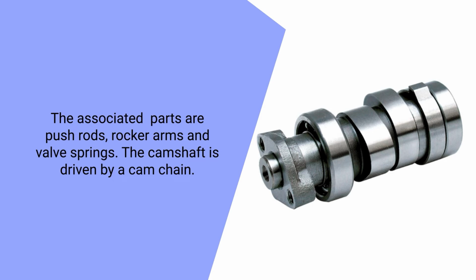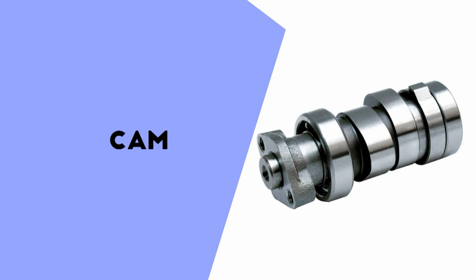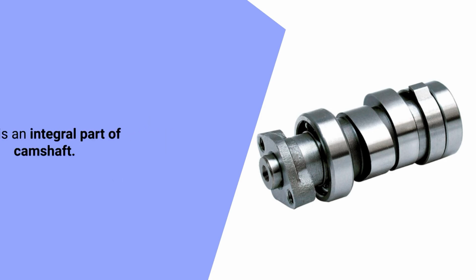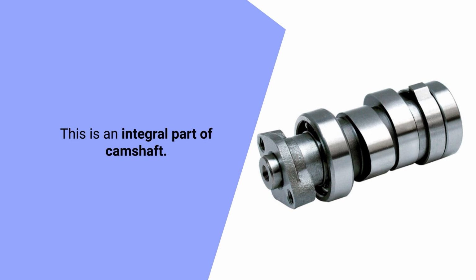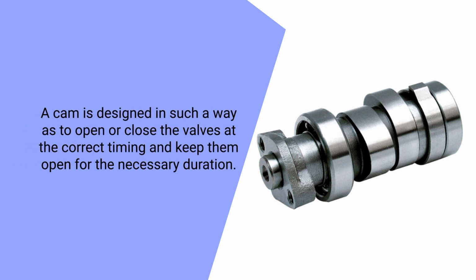The camshaft is driven by the cam chain. Now, what is a cam? A cam is an integral part of a camshaft, and it is designed in such a way as to open or close the valve at correct timings, because it is very important.